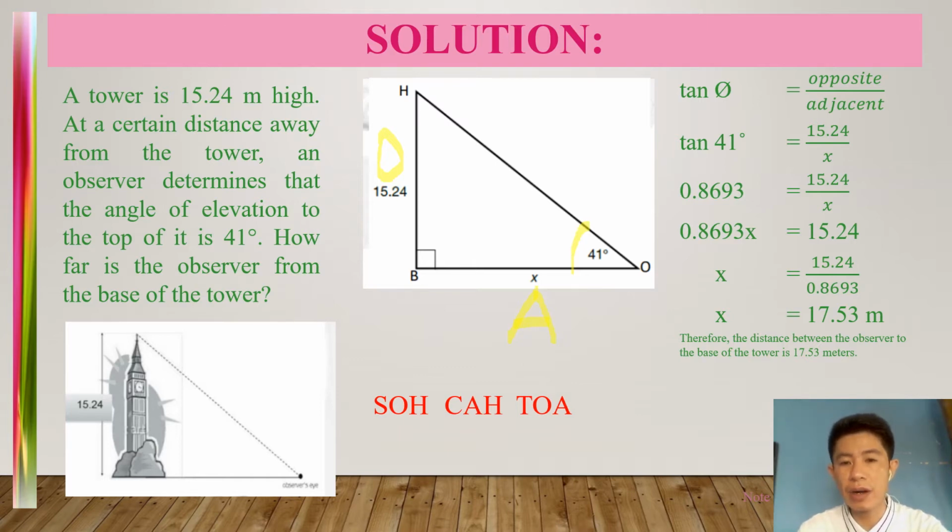So based on the given, the only given are the opposite and the adjacent sides. So we can't use the sine formula because there's no given for the hypotenuse. We can't use the cosine formula also because there's no given for the hypotenuse. So we will use the formula tangent is equal to opposite over adjacent.